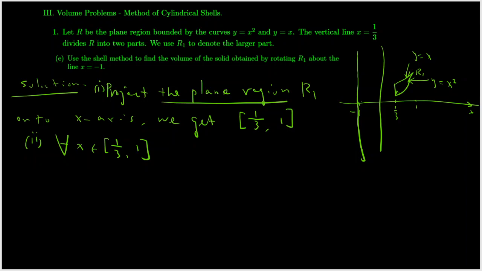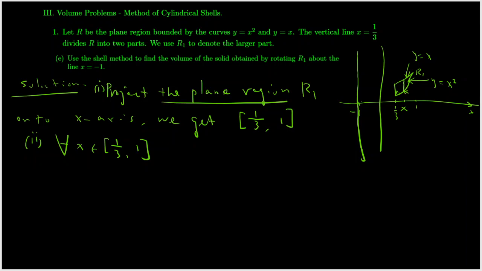For each x, now we choose an arbitrary x in between 1/3 and 1. Again, you use a vertical line to cut the plane region. You have a little vertical line segment. Still, we need the coordinates of the points to get the height.